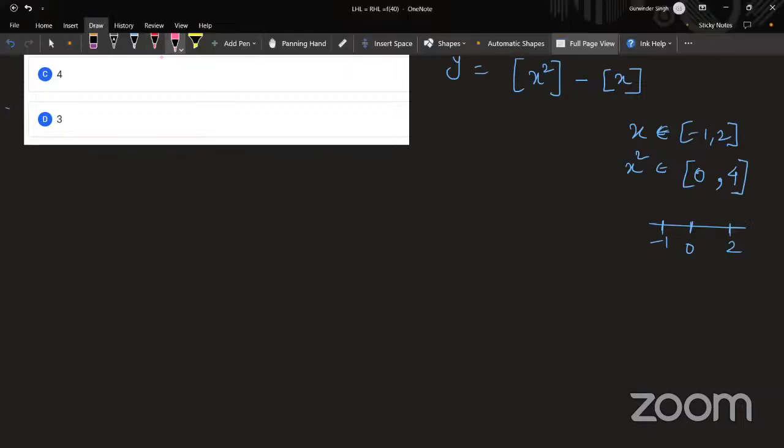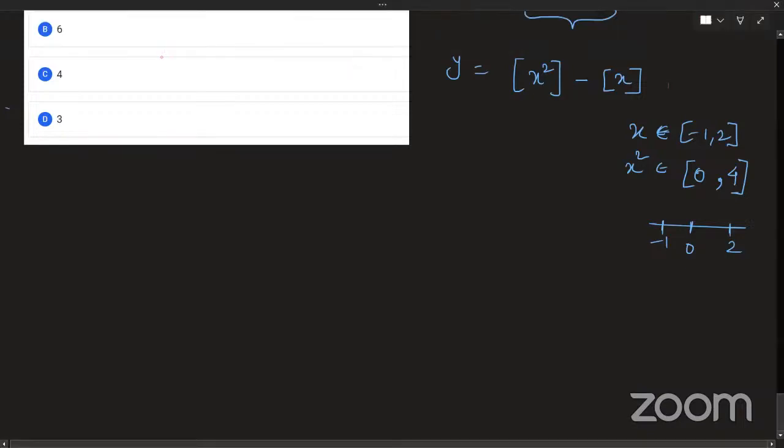And also, along with that, I have got a minus GIF of x. So I will need to look at that also. So if x is belonging from -1 to 2, what are the integer points of x? -1, 0, 1, and 2. Great work.